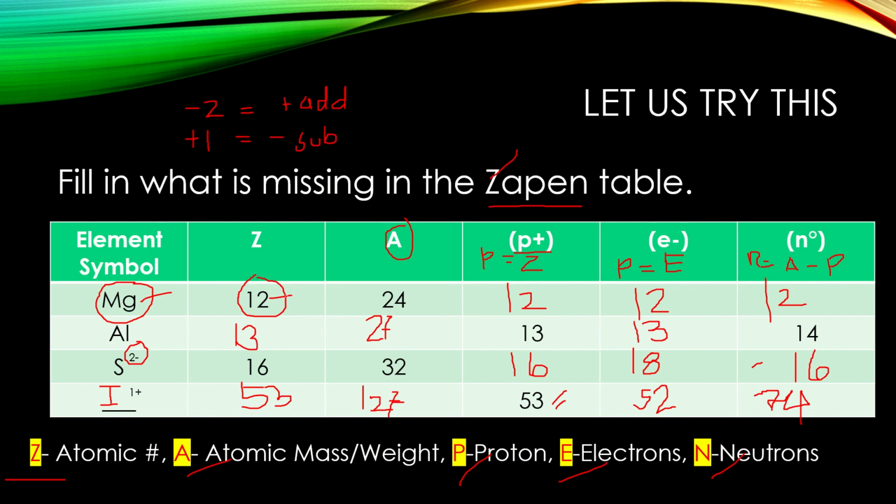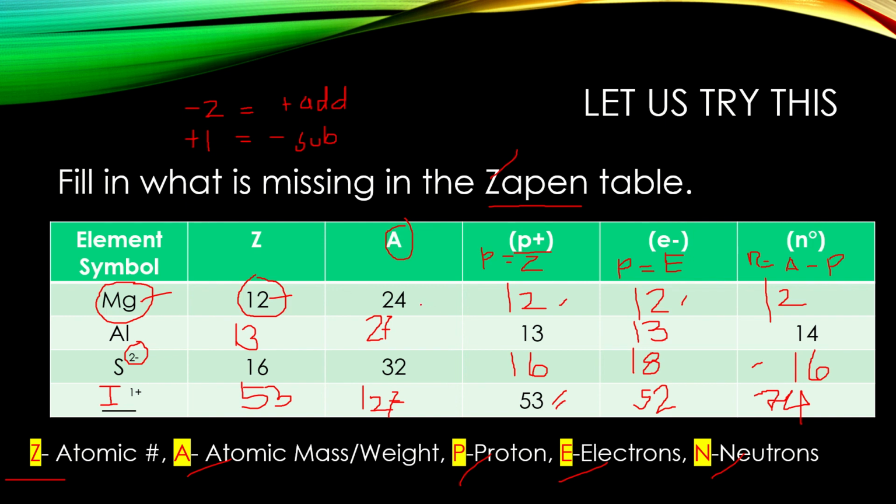So, when the atomic number is 12, definitely it is the same as the proton. So, put 12 in the proton and put 12 for the electron. Take note, there is no charge in the symbol of magnesium. So, magnesium is a neutral atom. The proton and electron are the same as the atomic number. Right?